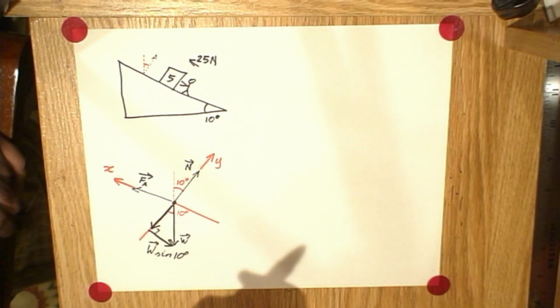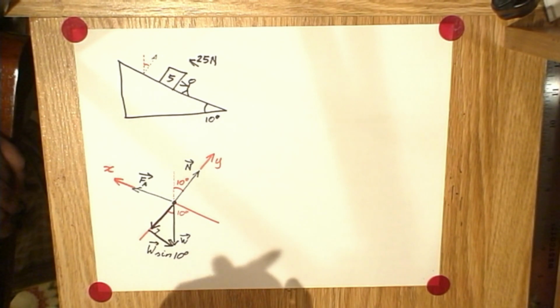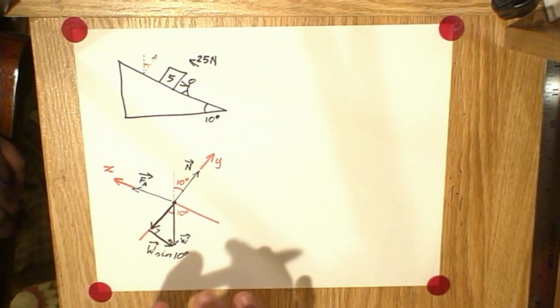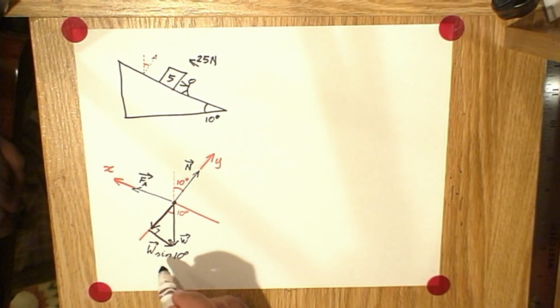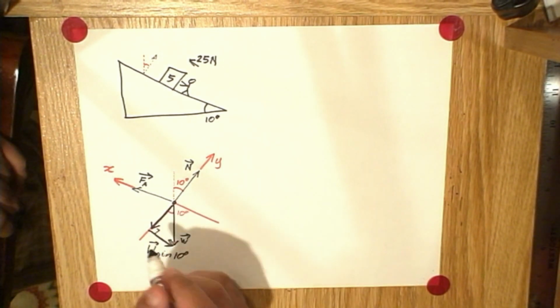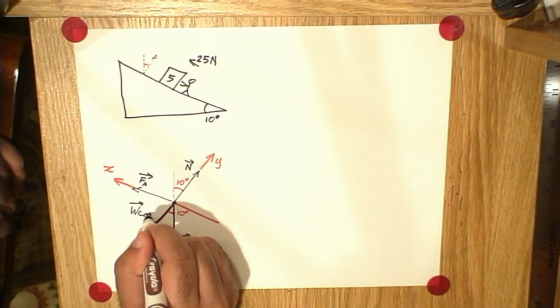Sine and cosine do not have to do with x and y. They have to do with opposite versus adjacent. So that is something which is very easy to mess up on in questions like this, so make sure that you're careful. Now, if this component is the opposite side, that means that this component must be the adjacent side, which means it's associated with the cosine of 10 degrees.